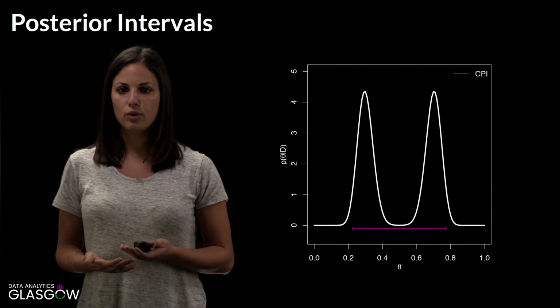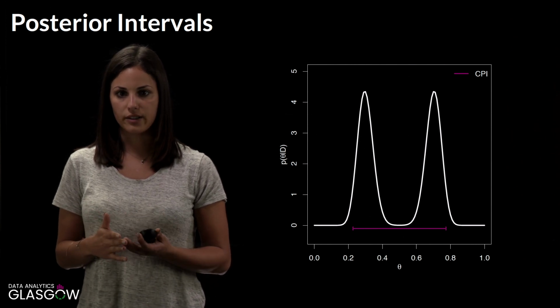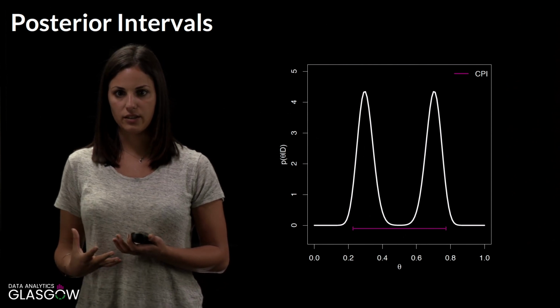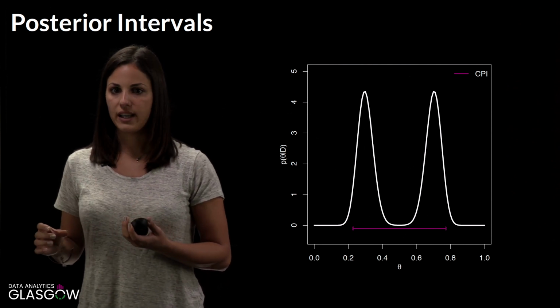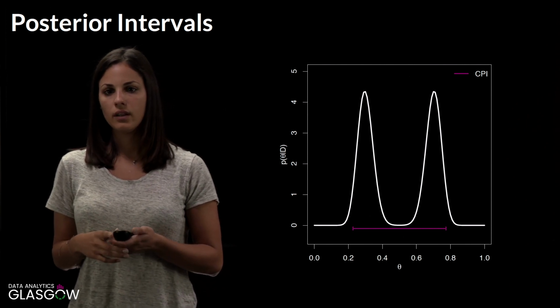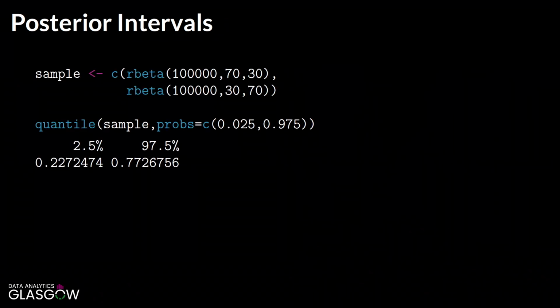The central posterior interval is calculated by disregarding half of the significance level, which means 2.5% from the lower tail and 2.5% from the highest tail. This can be easily done in R using the following lines of code. First we sample from the mixture of betas, and having obtained a sample, we use the quantile function to obtain the interval.